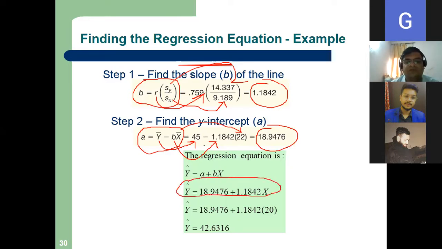Very simple if you know the formula, but the concepts are a bit critical. You should understand. So what is my regression equation? Y hat is equal to 18.94 plus 1.18x. Have we got the equation?